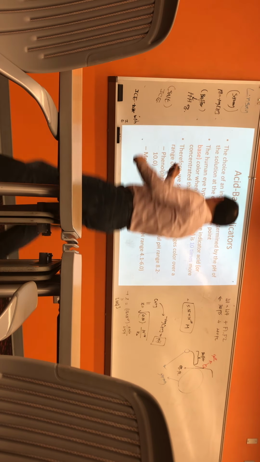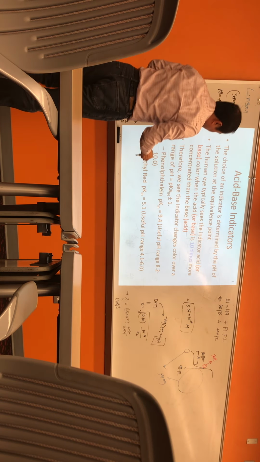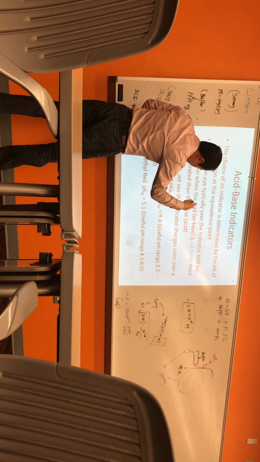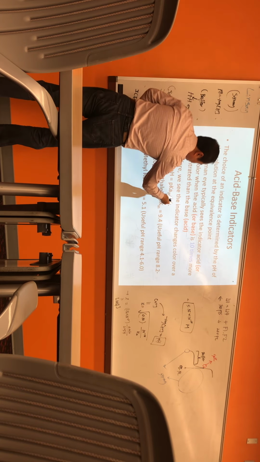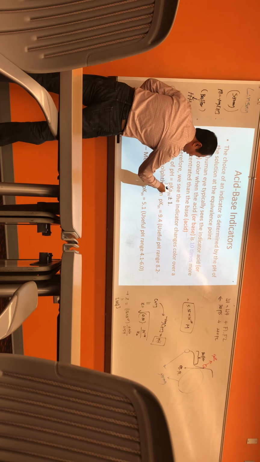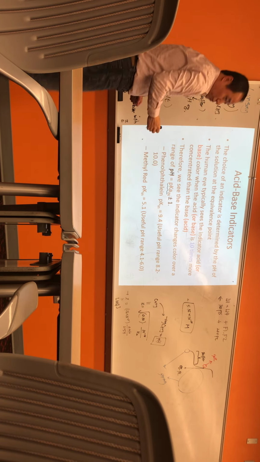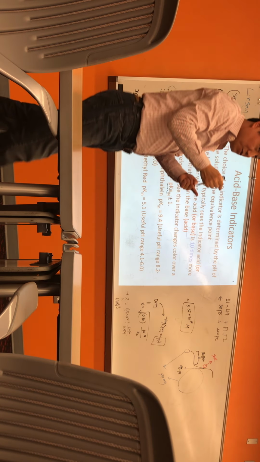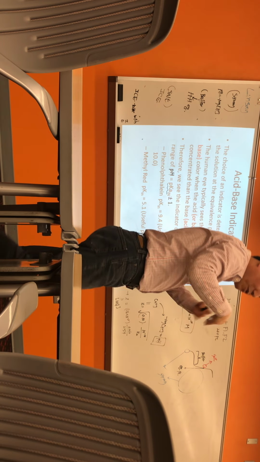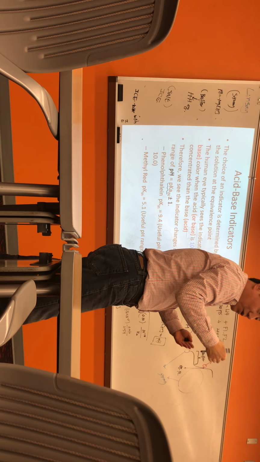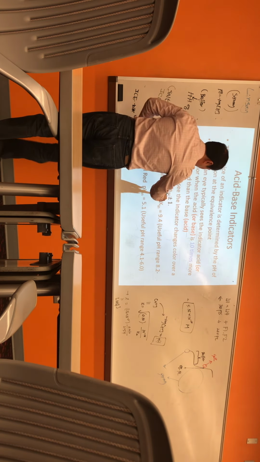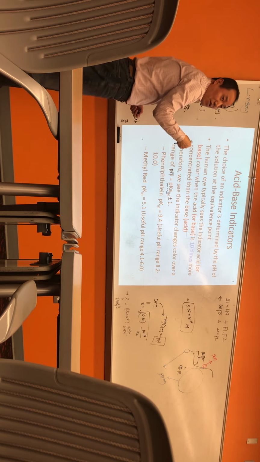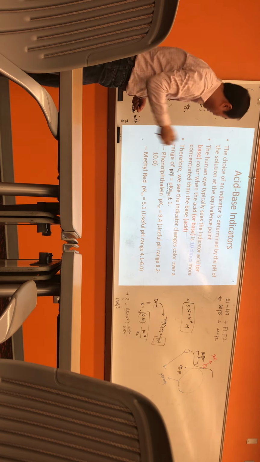Because of that, the pH at which we see the color change is plus or minus 1 of the pKa value. So when you see a change of color, you are at the equivalence point, but there might be an error of plus or minus 1, because that's the limit of the human eye.